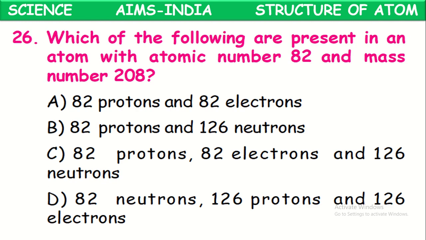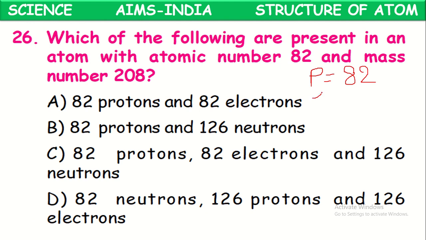Next, which of the following are present in an atom with atomic number 82 and mass number 208? See here, atomic number and mass number are given. Let us try to find the number of protons for this atom. How can we say the number of protons? Based upon the atomic number. Its atomic number is 82.